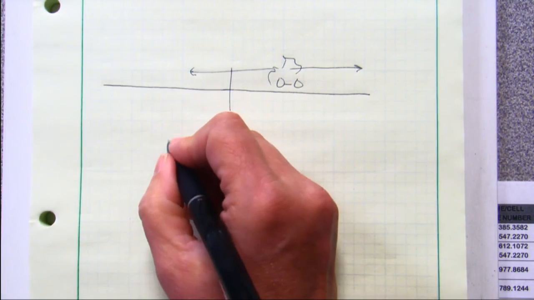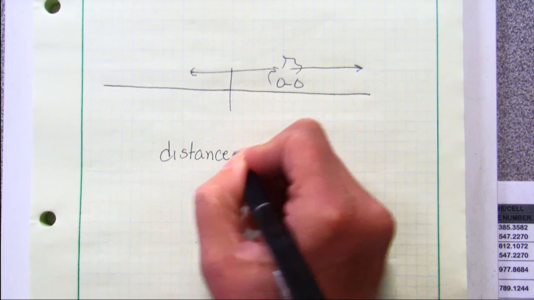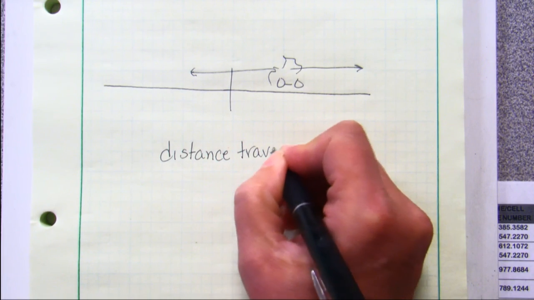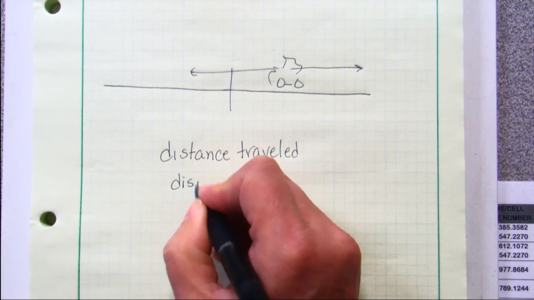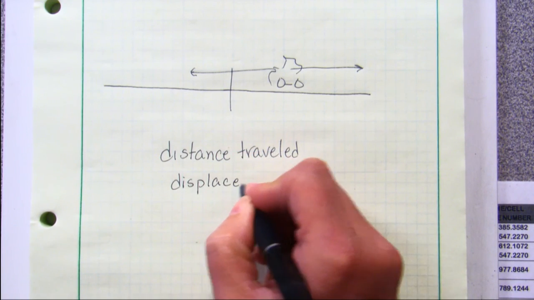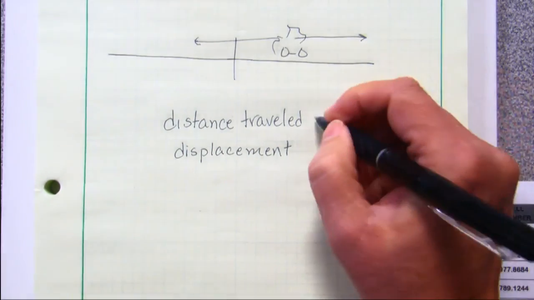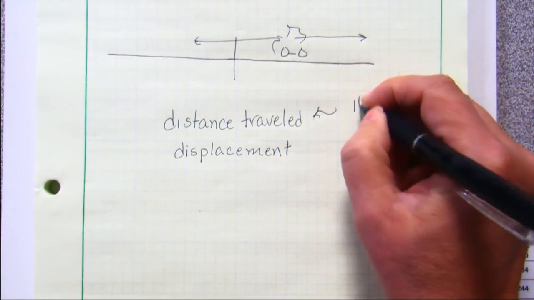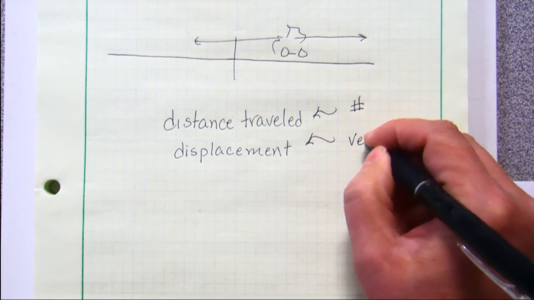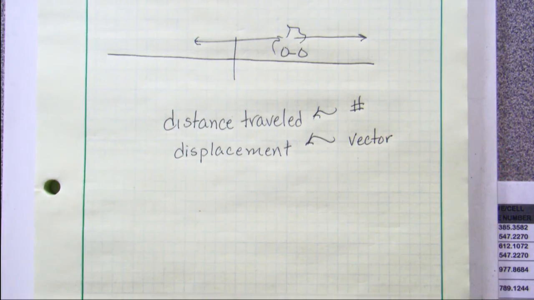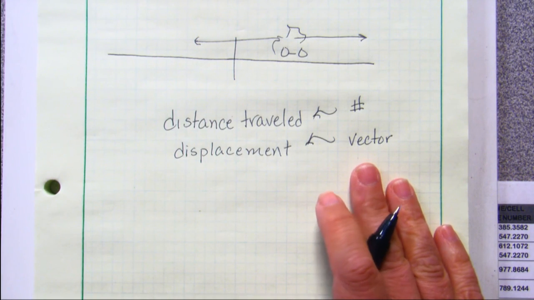And we had talked about distance traveled. And we talked about displacement. And we had said that distance traveled is a number, but displacement is a vector.